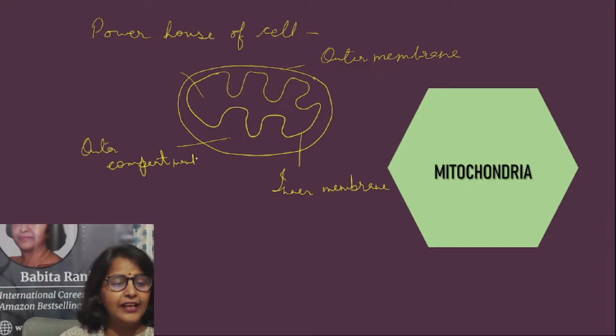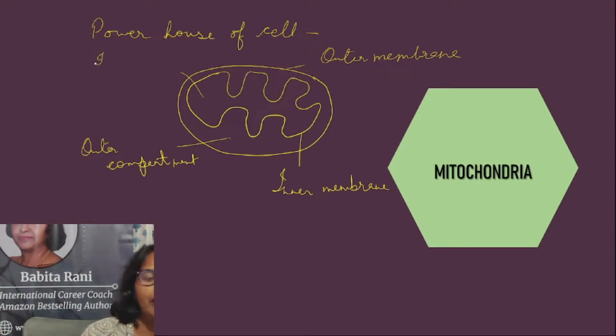Why is the inner membrane folded? To increase the surface area where cellular respiration can take place.